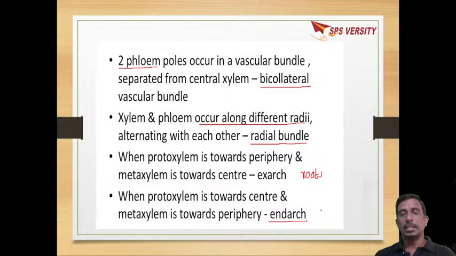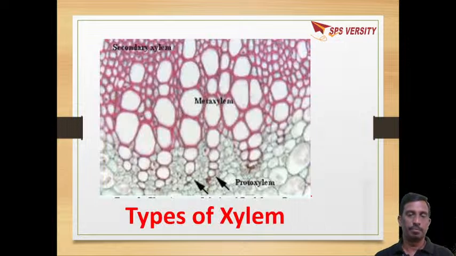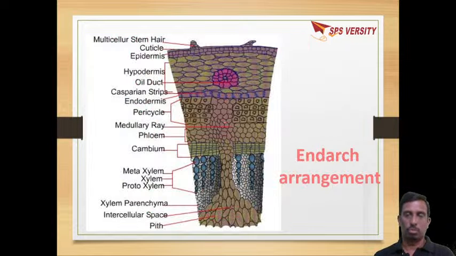Endarch is seen in stem, where protoxylem is present towards center and metaxylem is present towards periphery. So xylem में protoxylem or metaxylem. Secondary xylem is formed, which is also called wood, which is formed during secondary growth.